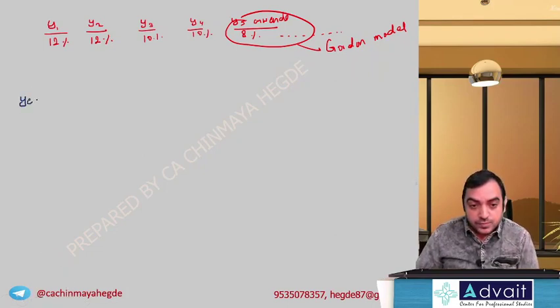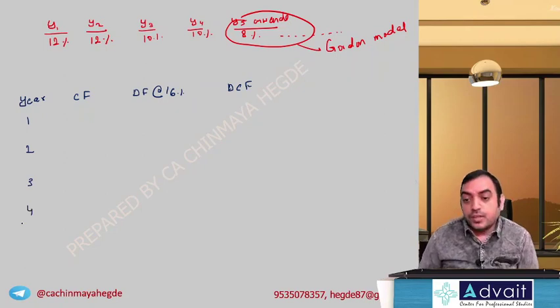Year, cash flow, discounting factor at the rate of 16%, and discounted cash flow. So year 1, year 2, year 3, year 4, year 5 onwards.